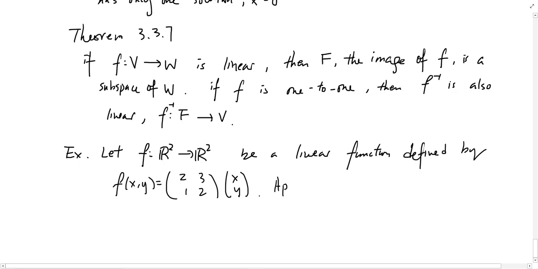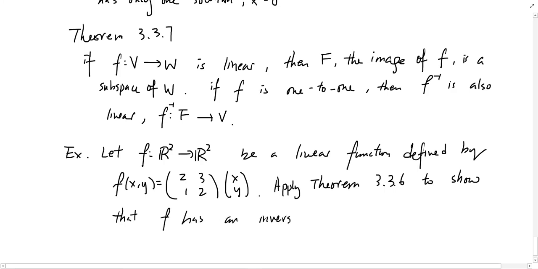I'm going to ask you to apply theorem 3.3.6 to show that f has an inverse, and then I'm going to ask you to find the inverse of f.